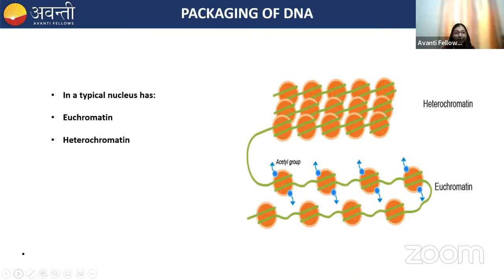Chromatin is generally of 2 types: euchromatin and heterochromatin. Euchromatin is the chromatin which is loosely packed, lightly stained, and transcriptionally active.